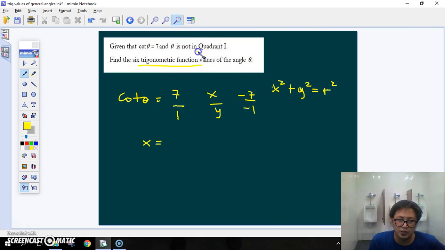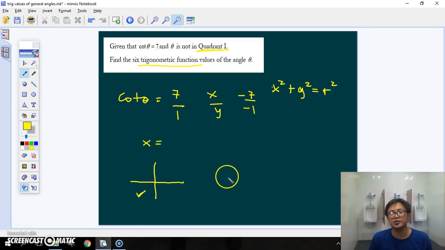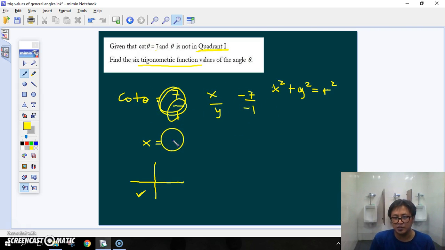Now here comes again the condition, not in quadrant 1. If cotangent is positive, because it's positive 7, and it's not in quadrant 1, then it can only be in quadrant 3, right? So if it's in quadrant 3, then these are not the values. The values of x and y are negative 7 and negative 1, respectively.